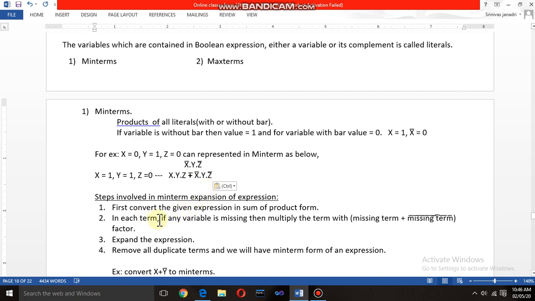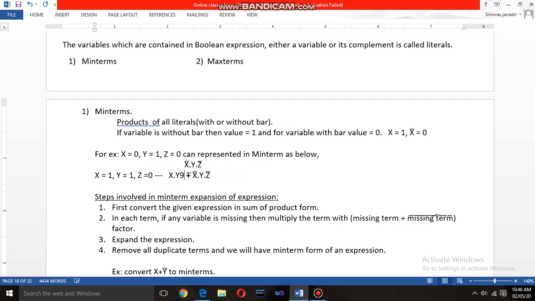In each term, if any variable is missing, here no variable is missing. But if, for example, z is missing in a system having 3 variables, then multiply the term with the missing term plus the missing term complement.